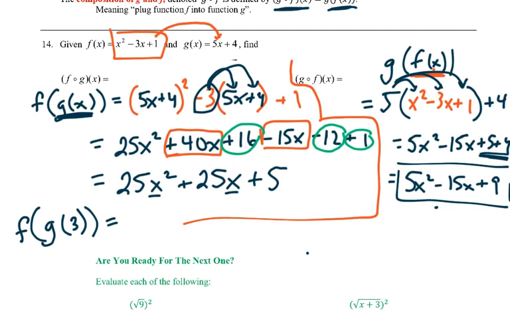And that is my g of f of x. Notice I do not get the same answers. When I compose this one, f of g of x, I got this trinomial. And when I composed g of f of x, we got this trinomial. They're not the same. So please be careful, the order in which you're composing definitely matters.